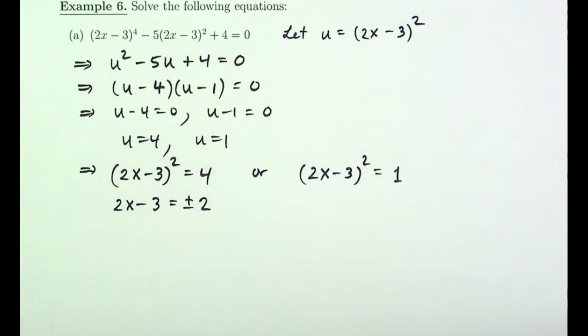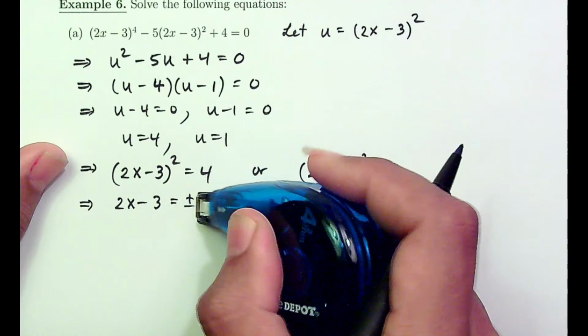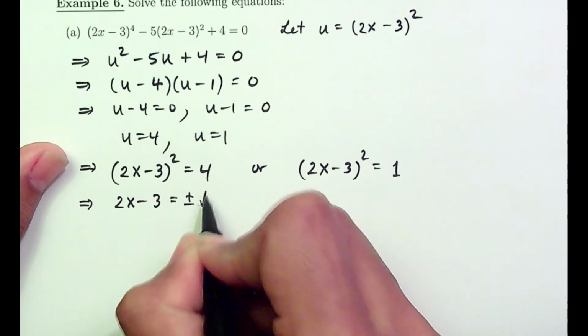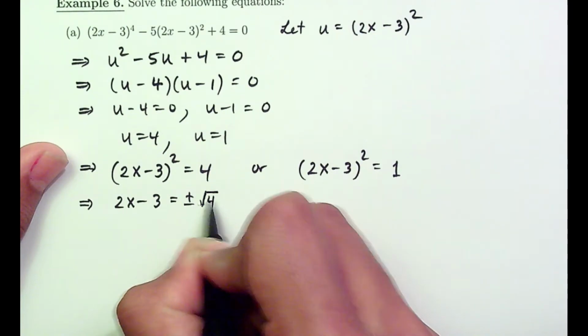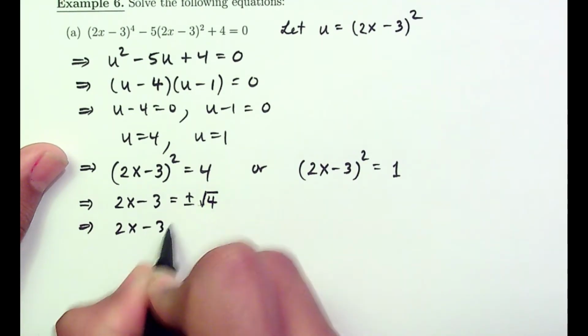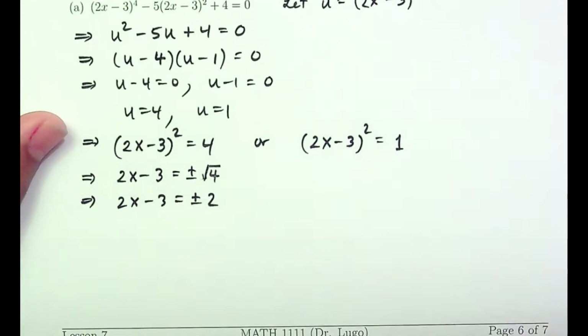So I took a square root on both sides, and we got 2x minus 3 equals plus or minus 2. Well, let me just write square root of 4 so you see all the little steps. Okay, so that means 2x minus 3 equals plus or minus 2.